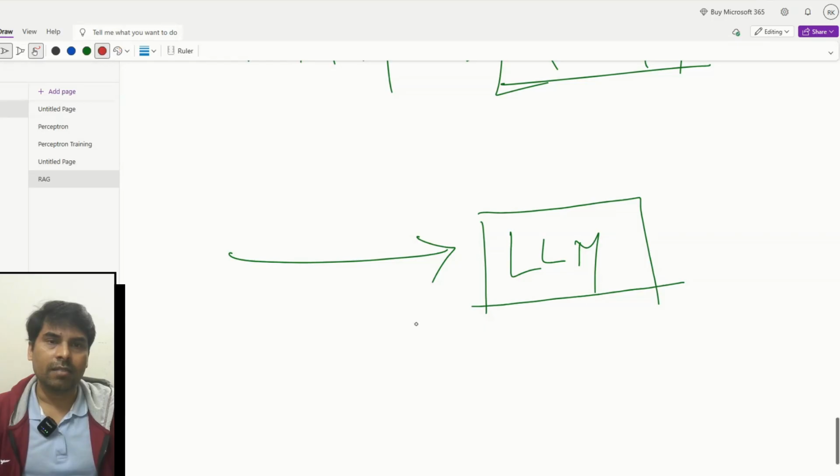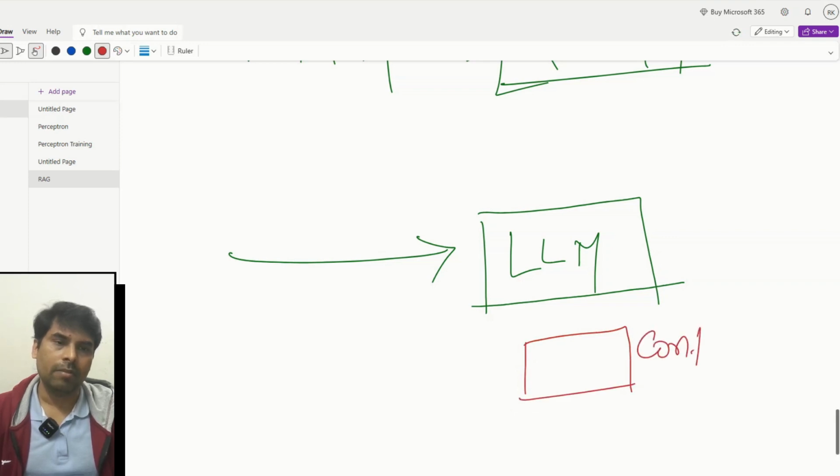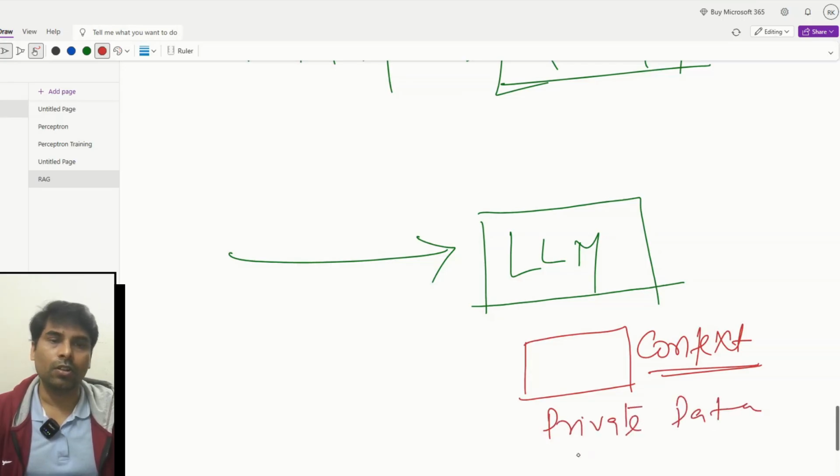If the LLM has not seen the data, suppose your private data, why not build a context? I will build a context here, and this context is nothing but your private data or your knowledge. It is also called a knowledge base.